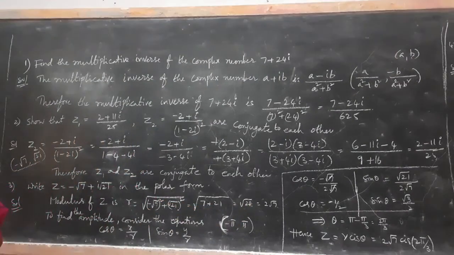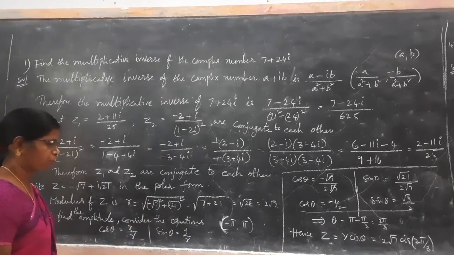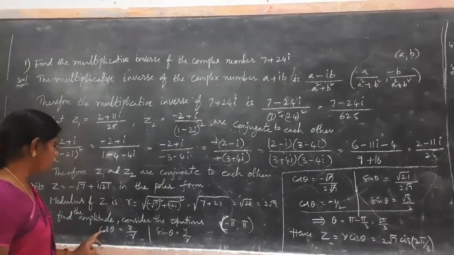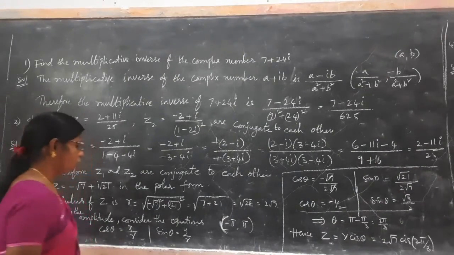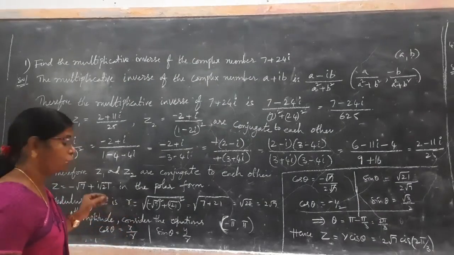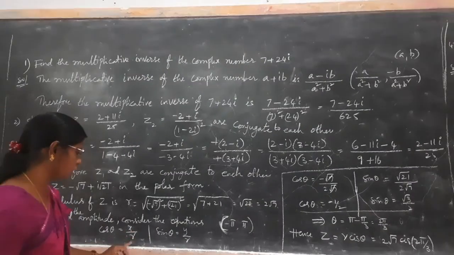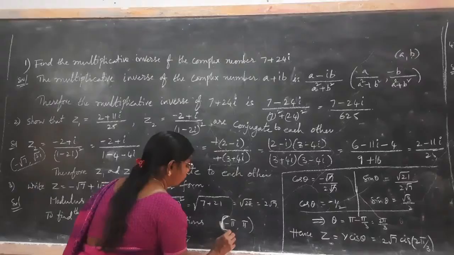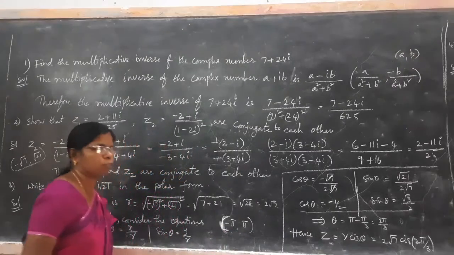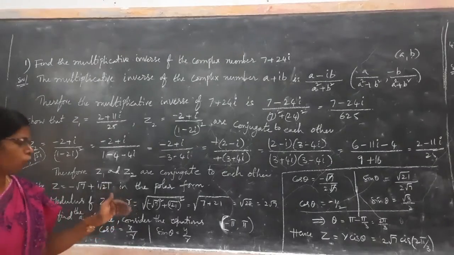Next, we find the amplitude. To find the amplitude, consider the equations. The real number, the value of theta satisfying these equations, cos theta is equal to x by r, sin theta is equal to y by r, and which lies in this interval minus pi to pi, is called the principal amplitude of the complex number.